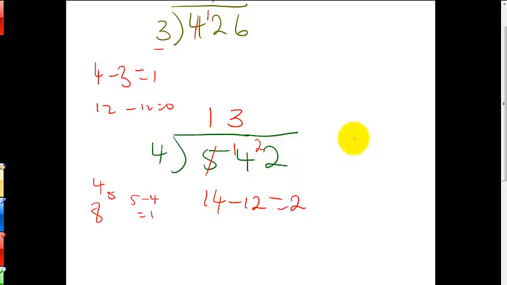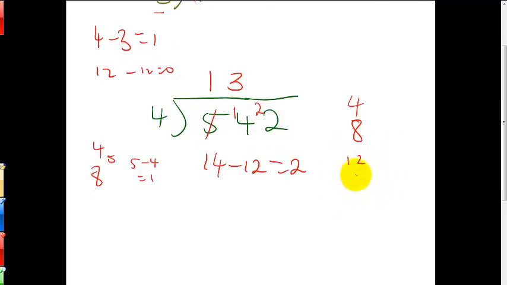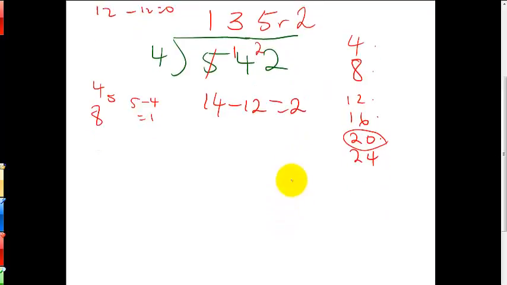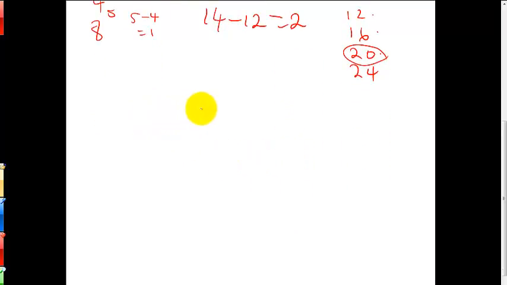Well, if you need to, you can list out your multiples. So 4, 8, 12, 16, 20, 24. We can see it goes into it 1, 2, 3, 4, 5 times, with a remainder of, what's 22 take away 20? 2.